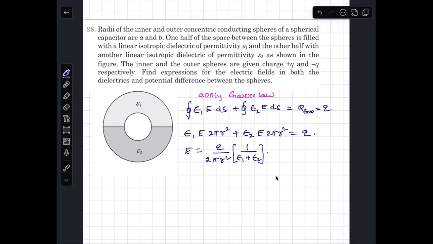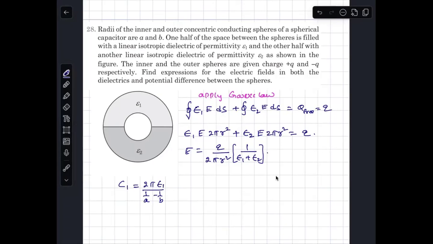And not only that, the capacitance of the upper half is 2 pi epsilon 1 by (1 by A minus 1 by B).